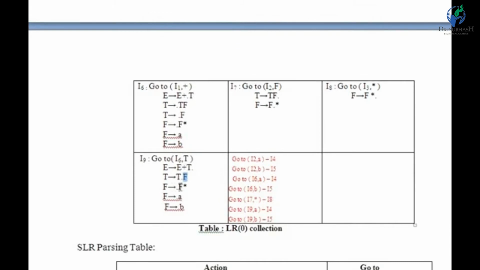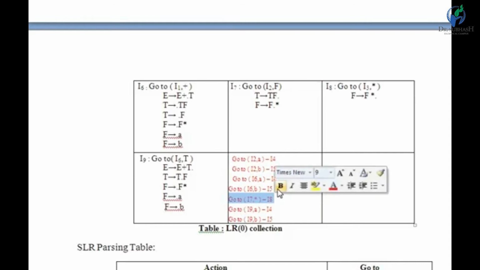F gives dot F star, F gives dot A, and F gives dot B. Next I7 to star. So your production is F gives F star dot, which is already pointed to by I8. So I7 to star is I8.